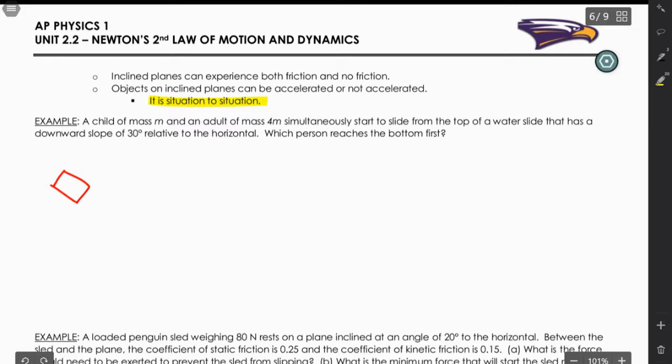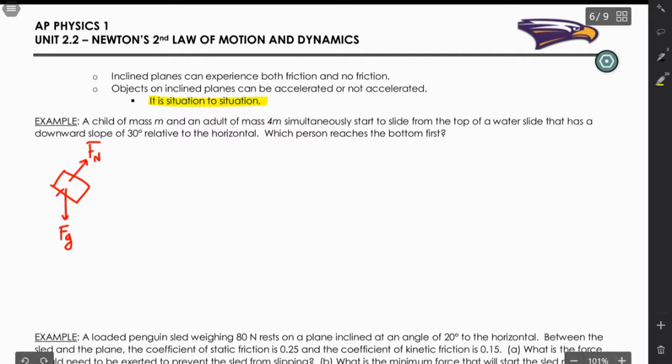And so here's our free body diagram. Our free body diagram is going to be the same for everybody. A water slide is typically frictionless, so we're going to do weight and normal. That's going to be our free body diagram for both.